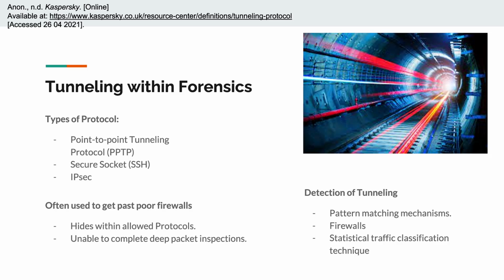The use of tunneling protocols also makes it difficult to complete tasks such as deep packet inspection, where network infrastructure will look at the datagram for suspicious data to help ward off potential attacks. However, as they are unable to do this, they can just pass through the firewalls.